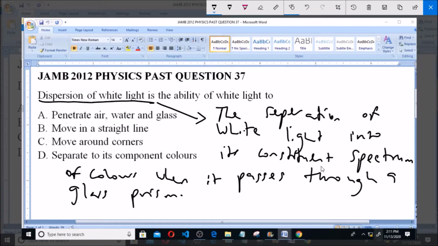Now, the spectrum of constituent colors can be recognized by the mnemonic Roy Beef.